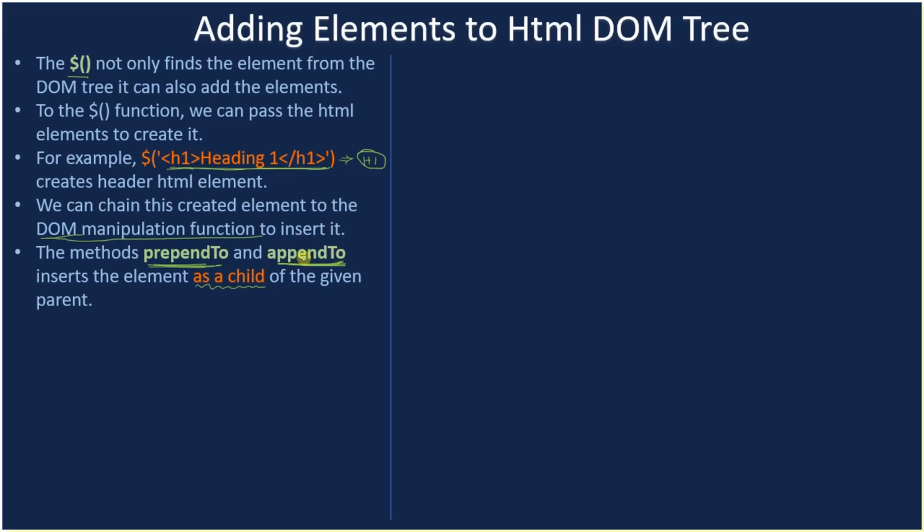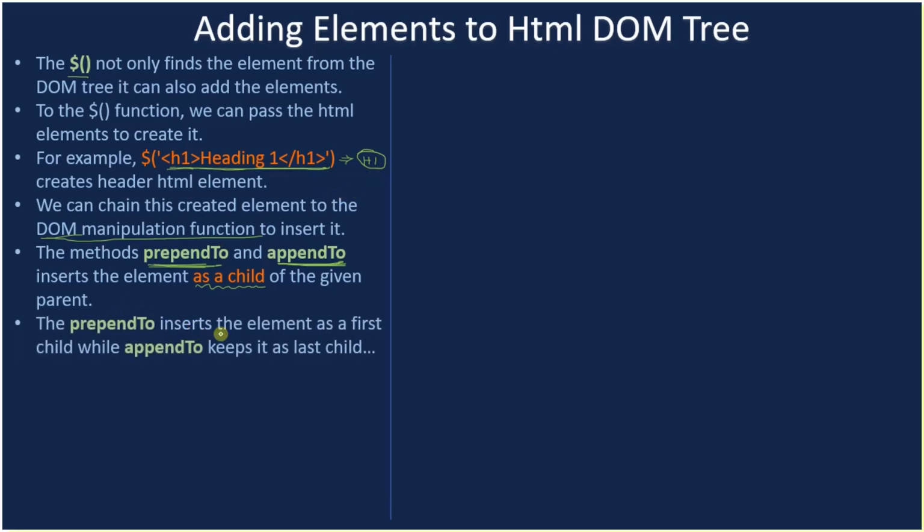But to add the element to the DOM tree, we need a reference. Whatever reference we give will be treated as the parent. The element H1 needs a parent. So once you give that parent, prependTo or appendTo will treat the newly created element as a child of the given parent.